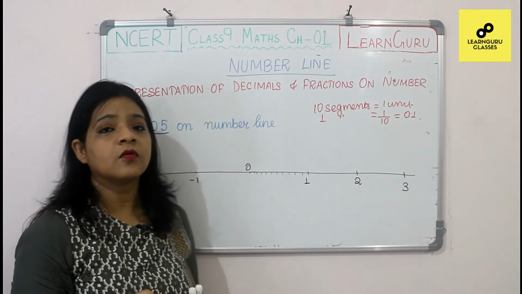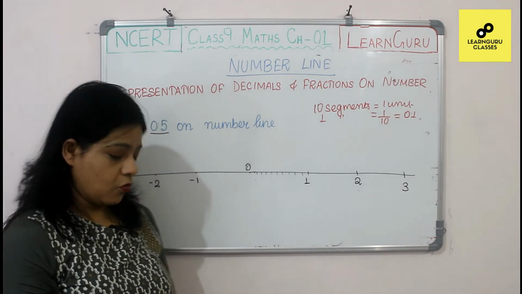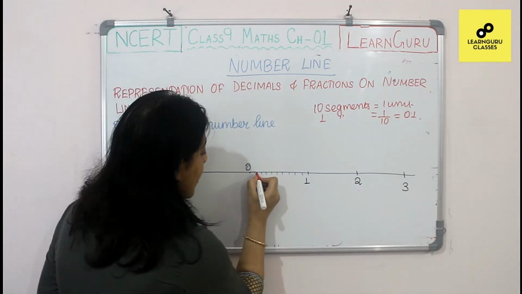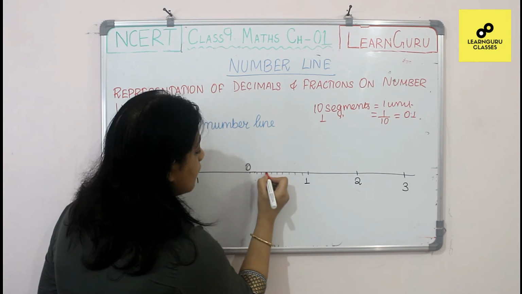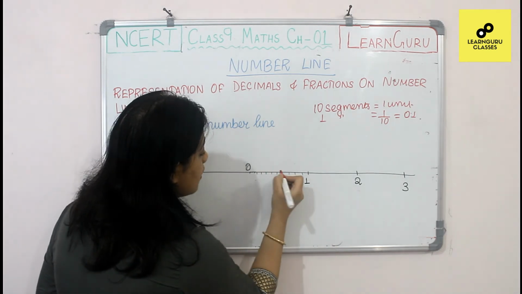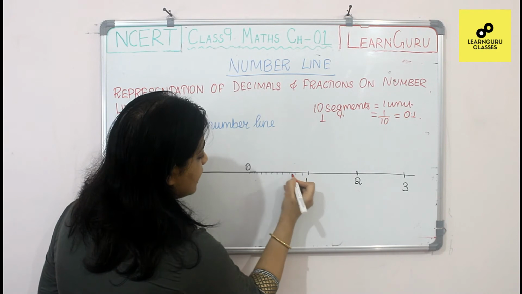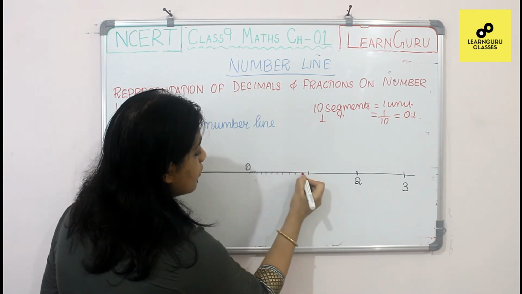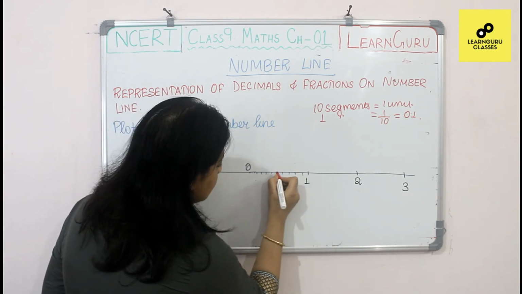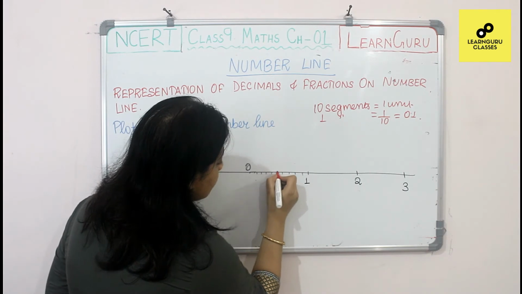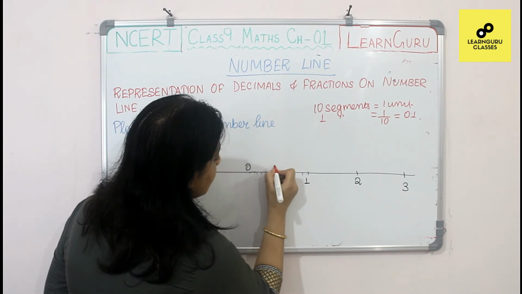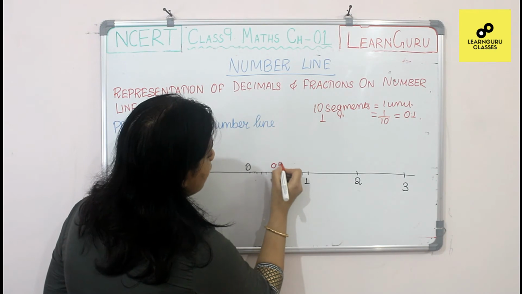So each mark will measure 0.1: 0.1, 0.2, 0.3, 0.4, 0.5, 0.6, 0.7, 0.8, 0.9. So your 0.5 will be somewhere here.